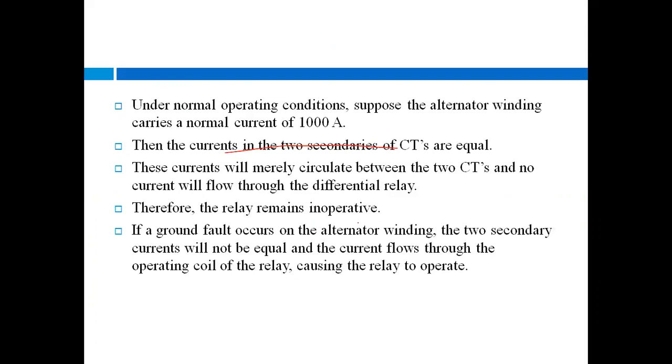But when the two currents in the secondaries of the CTs are equal, these currents will merely circulate between the two CTs, and no current will flow through the differential relay.